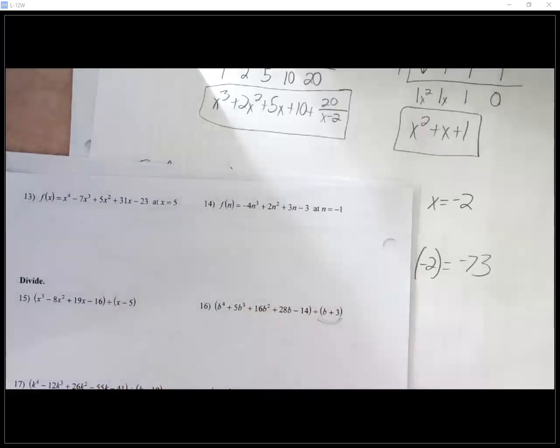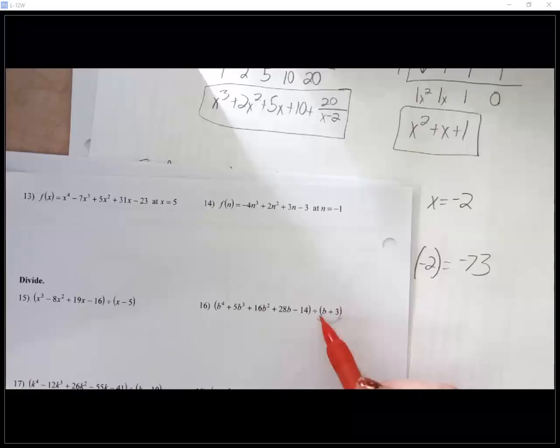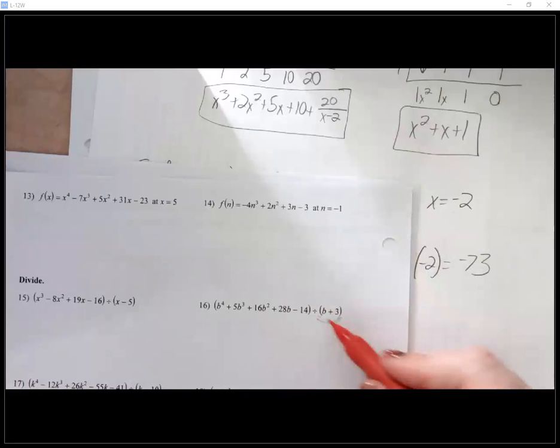And I also want the leading coefficient of my divisor to be 1. If it's not, you can kind of get away with it if you plug in the fraction, like if it was 2b plus 3. You can kind of plug in a -3/2, but if you're not doing yourself any favors, just go long division. Okay, so really you need this right here. Is everybody listening?